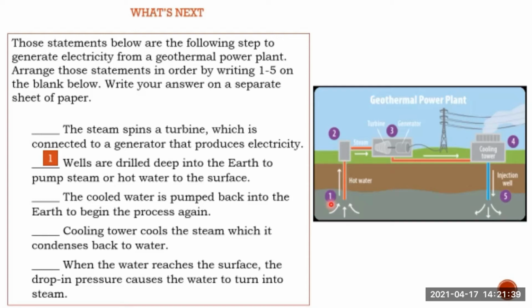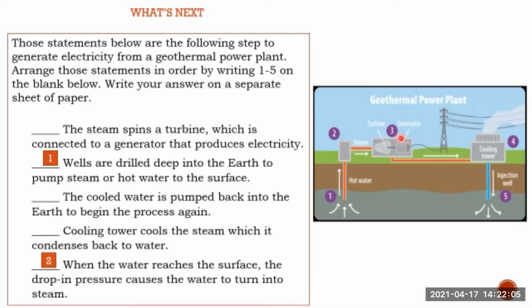What do you think is the second process? Very good. When the water reaches the surface, the drop in pressure causes the water to turn into steam. So, when the hot water reaches the surface, it becomes steam because of the drop in pressure.